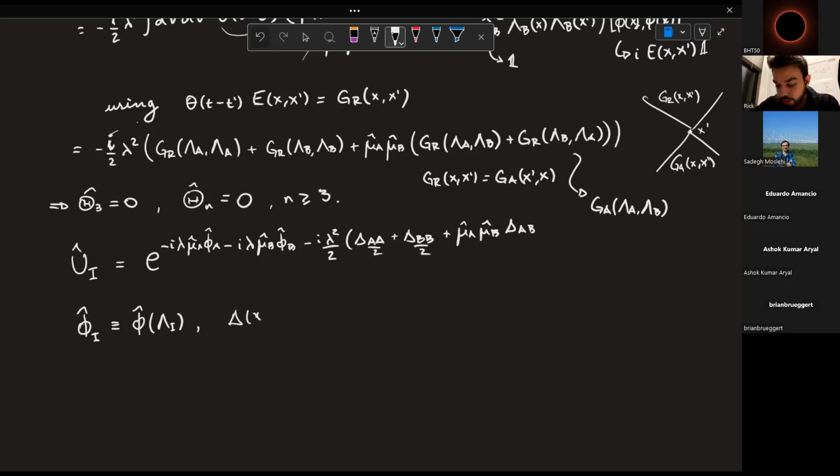It's the symmetric propagator, simply the retarded propagator from x prime to x plus the advanced propagator from x prime to x. Using this notation, delta ij denotes delta evaluated at lambda i, lambda j. If they are the same, then GR and GA are the same, so that's why you can just write these two, the delta AA and the delta BB.